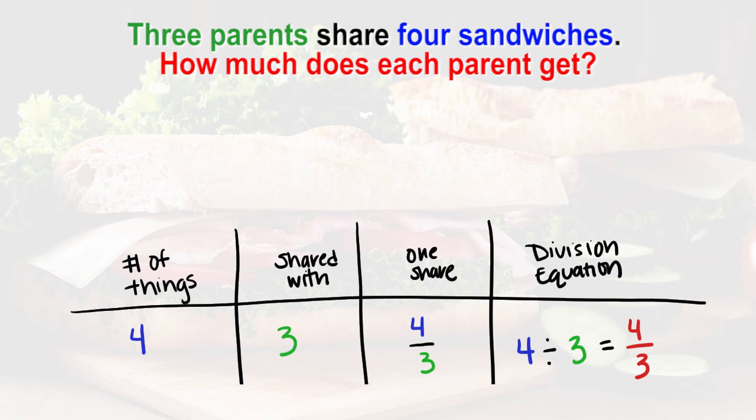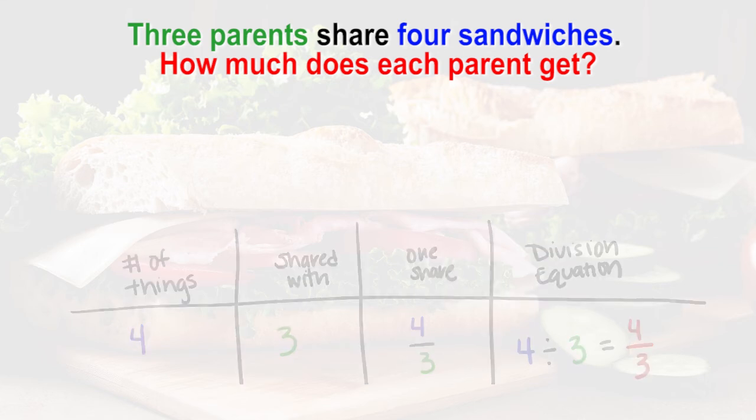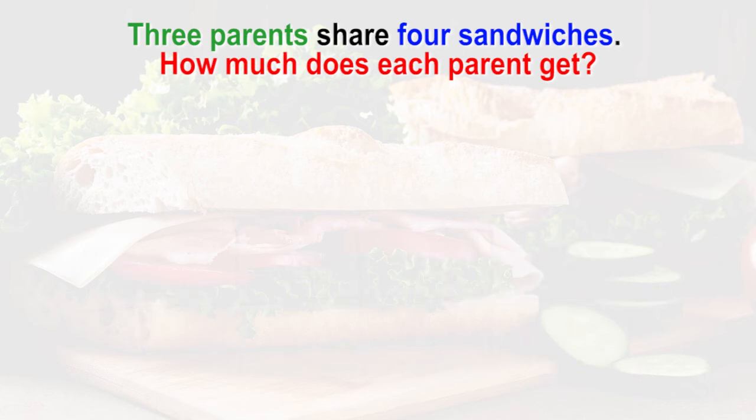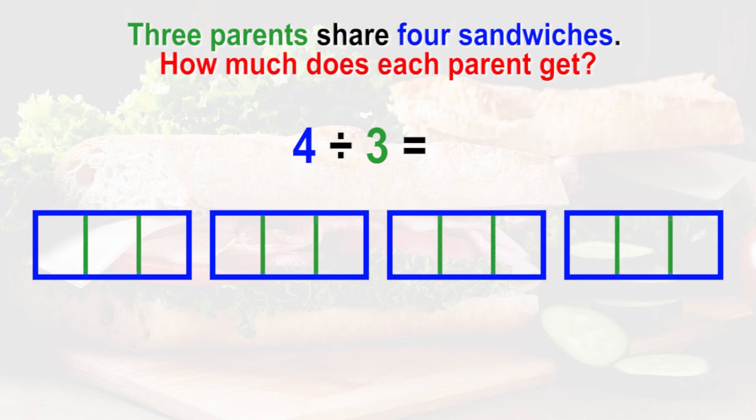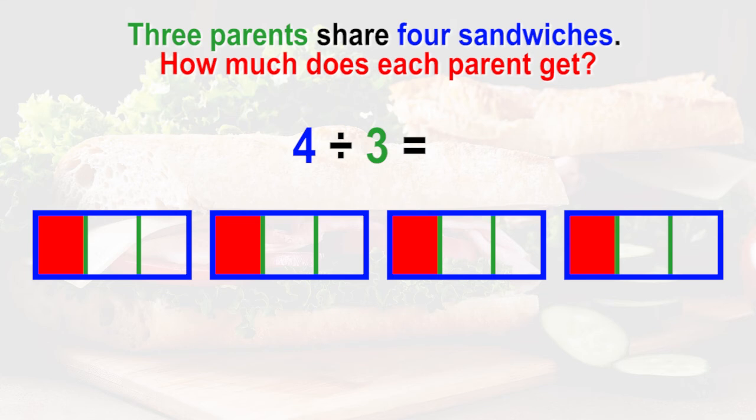Let's draw a quick model to represent this problem visually. The problem states there are 4 sandwiches to start with. Draw 4 rectangles. The problem then states to divide the sandwich between the 3 adults. This is shown by dividing each rectangle into thirds. Finally, shade in 1/3 portion of each sandwich to represent the amount 1 adult will get.